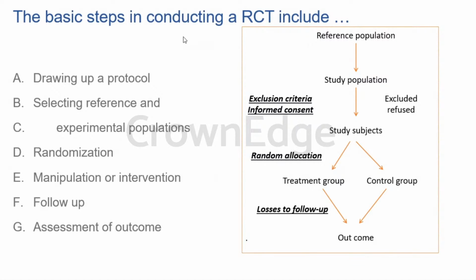You are either going to insert a drug, or a vaccine, or whatever it is you are studying. Maybe you will teach them something and then see the before and after effect of that particular knowledge. Whatever your intervention may be, you are going to insert it at this stage, after the random allocation.